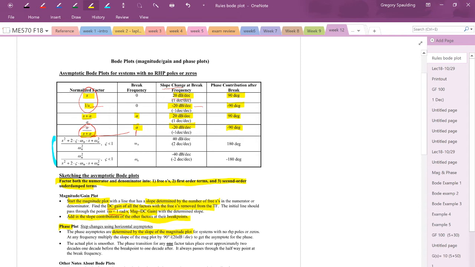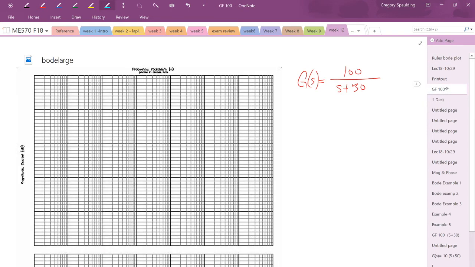Now, the rule that you can use to do this: at any frequency, multiply the slope of the magnitude plot by 90 degrees divided by 20 dB per decade to get the change for the phase. Okay, the slope of the magnitude plot times 90 degrees divided by 20 dB per decade. So let's go back and see what we've got in here.